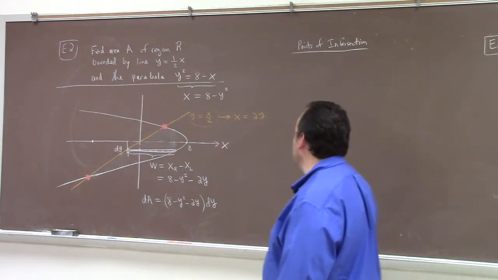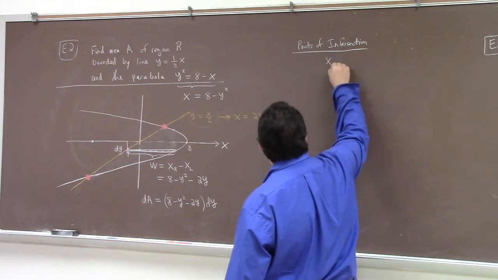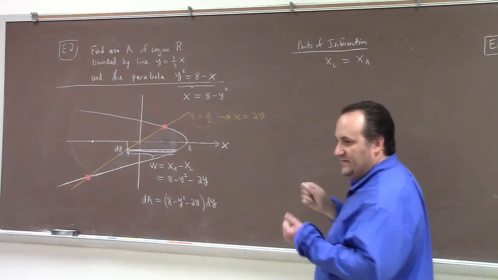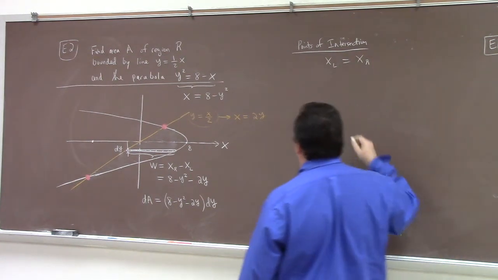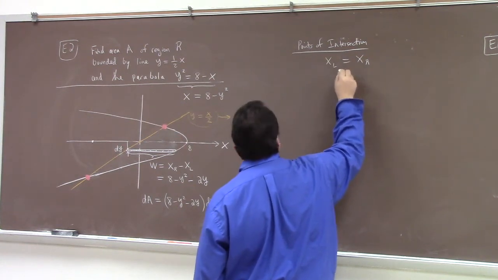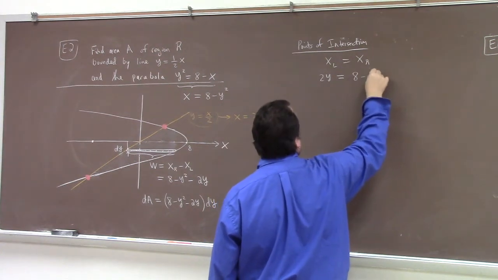But to find points of intersection, what we do is we set the left x equal to the right x here. That's where they both match up as the point of intersection. So in this context, that's 8 minus 2y equals 8 minus y squared.